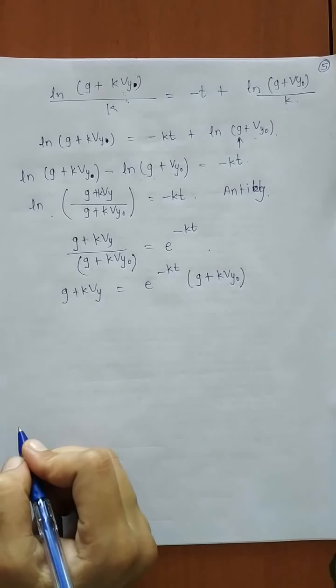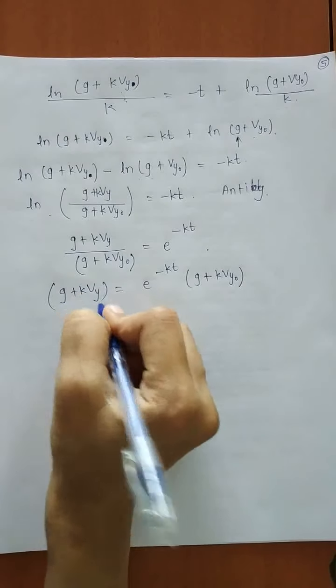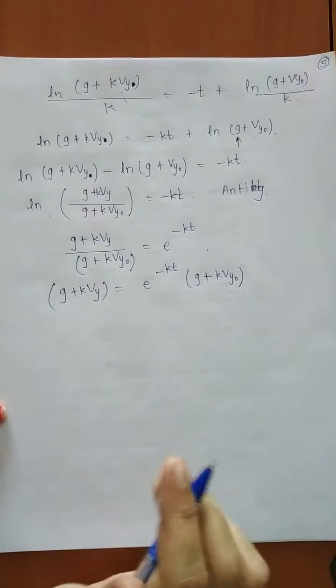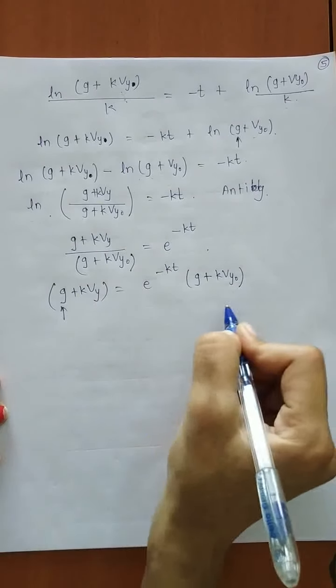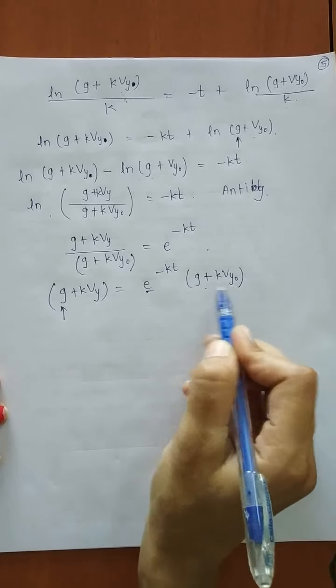Now what is the next step? What did we do in the next step for horizontal motion? Simplify this. Now I am going to take this g on RHS. First multiply e raised to minus kt to this term.